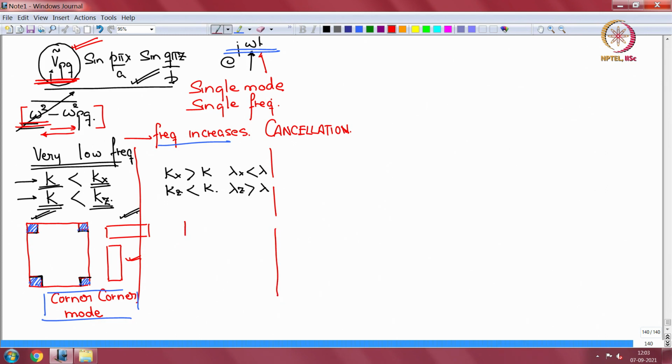This panel has cancellations along the x direction. We end up with two regions, strips actually, along the z direction which remain uncancelled, and this is called the z edge mode.